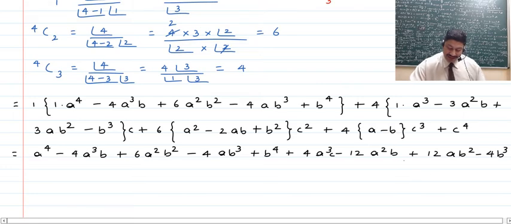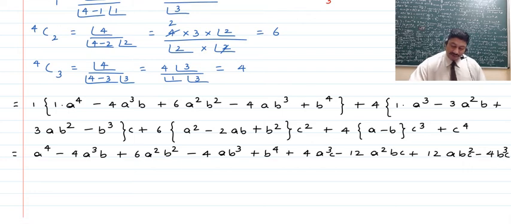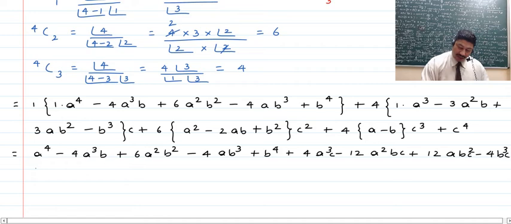As such, we have a cube c, minus 12 a square b c, then we have 12 a b square c, then minus 4b cube c. Now lastly, we have this 6, which is multiplied with c square, and then further with the terms a square minus 2ab plus b square.